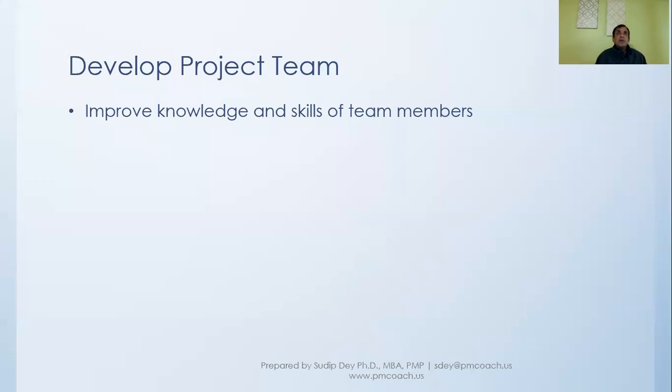We might find that there are some gaps in the knowledge and skills of team members, and one of the areas we will focus on in developing the project team is to close that gap. This can be technical, relationship based, or some coaching. There might be some training, internal, external, whatever, but the objective is to improve the knowledge and skills of team members.